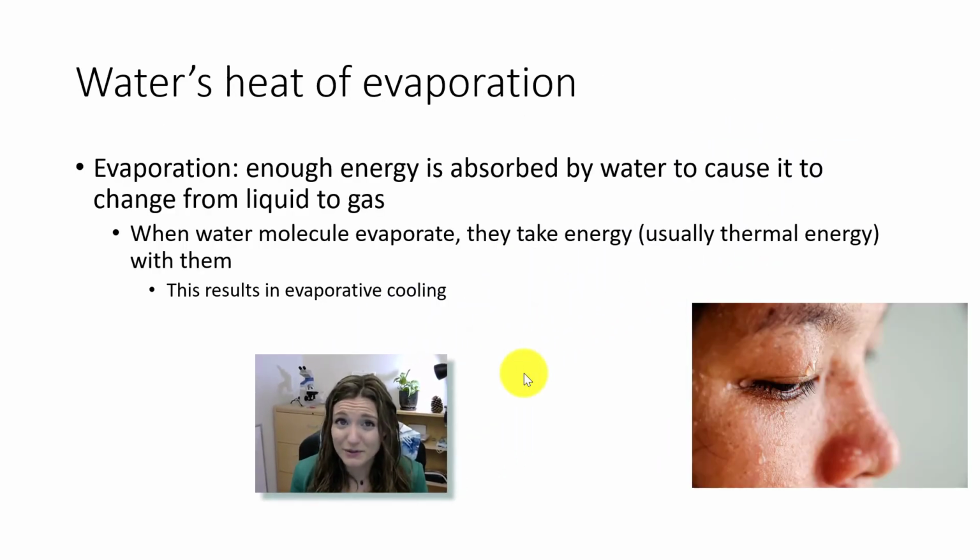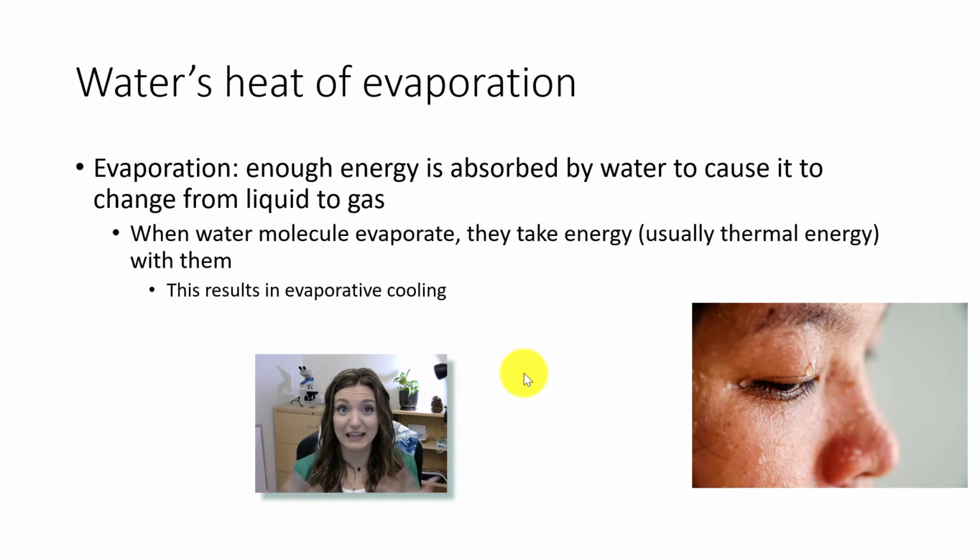Organisms are also able to use water's heat of evaporation in order to help regulate their systems, right? So evaporation is basically when enough energy is absorbed by water to cause it to change from liquid to gaseous state. And so we call evaporation, right? Liquid to gas. So when water molecules evaporate, like when we sweat and we get water on our skin, when those water molecules evaporate off, that cools us down because they take that energy with them.